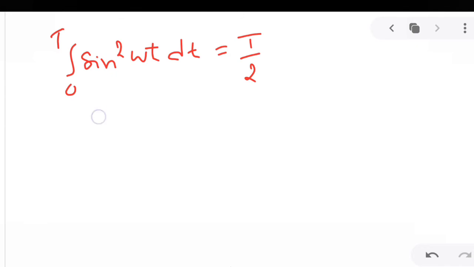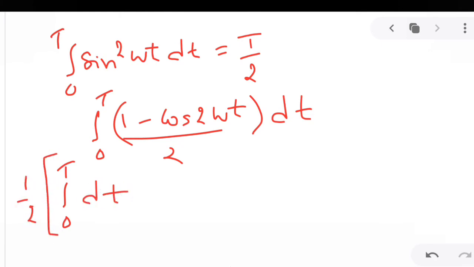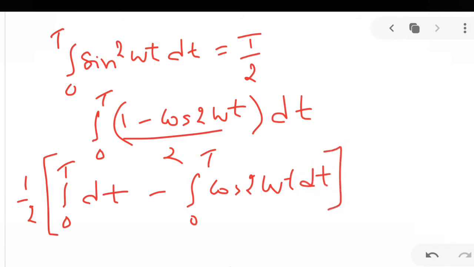I can write it as integral 0 to T of (1 minus cos 2 omega t) by 2 dt. So this is integral 0 to T 1 by 2, I am taking it outside, dt minus integral 0 to T cos 2 omega t dt.